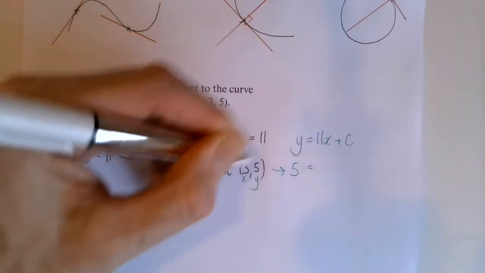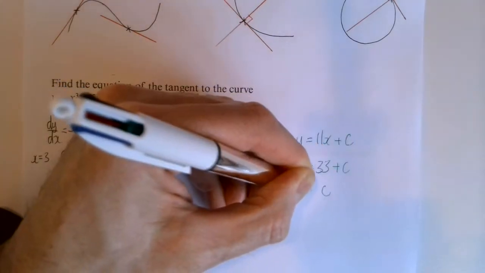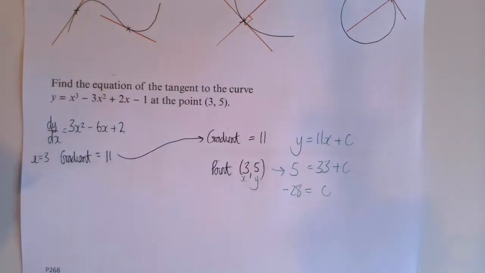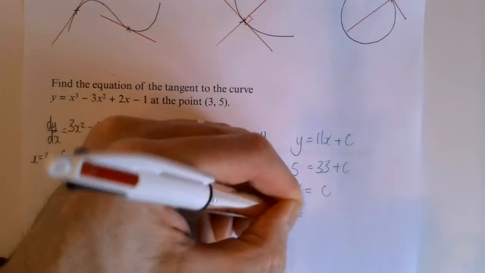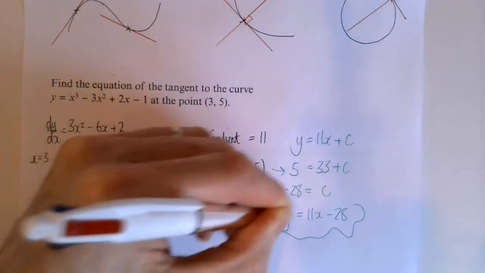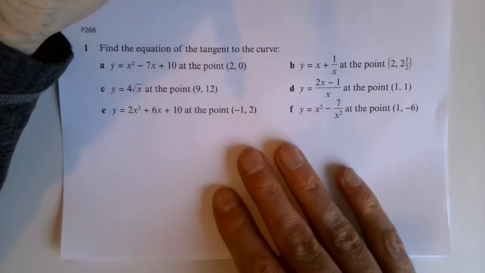So 5 equals 11 times 3, 33 plus c. Take away 33 from both sides. So my final answer is that is the equation of the tangent to the curve at that point. Easy peasy.